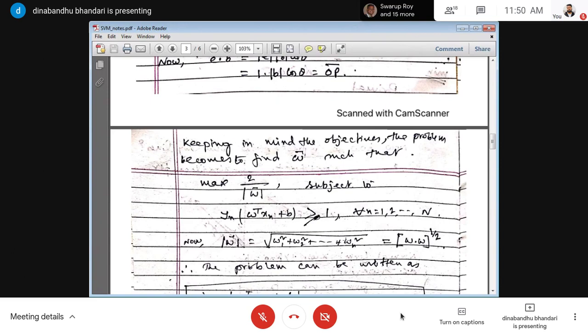Since all these are positive terms, minimizing its square will ultimately minimize the square root of that, since the expression within the square root is all positive. So we can minimize the square of it, and that would in turn minimize the square root of it.